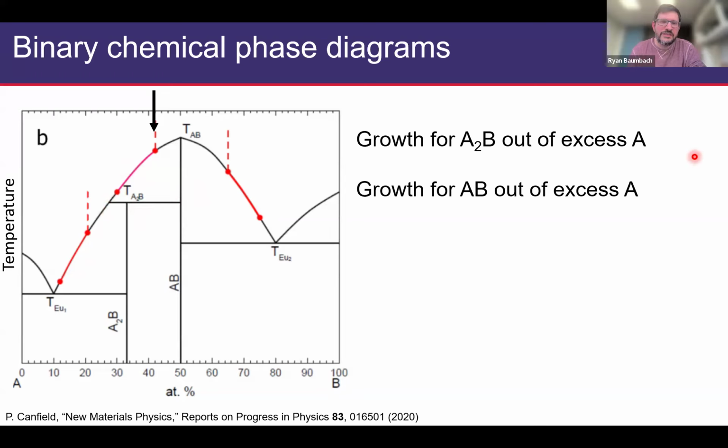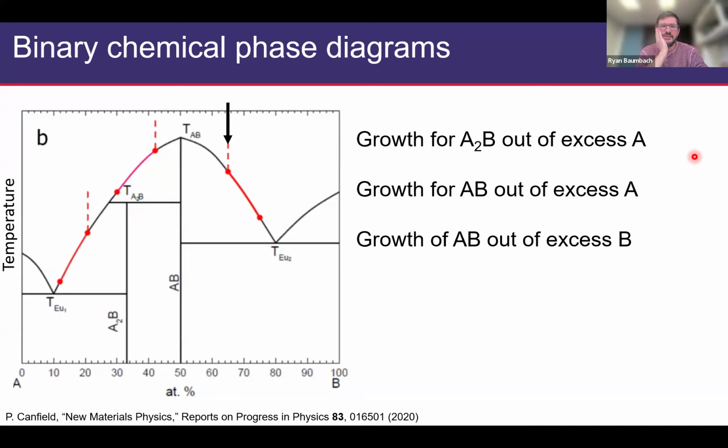But if I wanted to completely eliminate that possibility of having A2B and AB, we could just make a decision to go over to the B-rich side and then carry out the same trick where we follow this line down. The only phase available is AB, and thus we have a very good expectation of only producing crystals of AB.